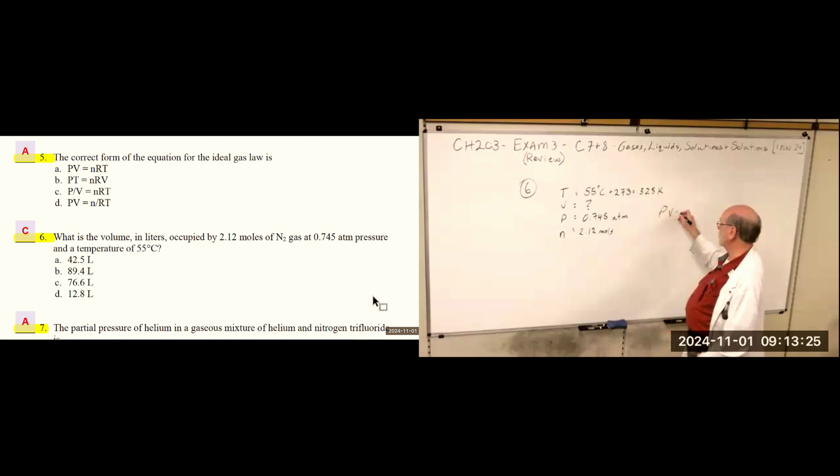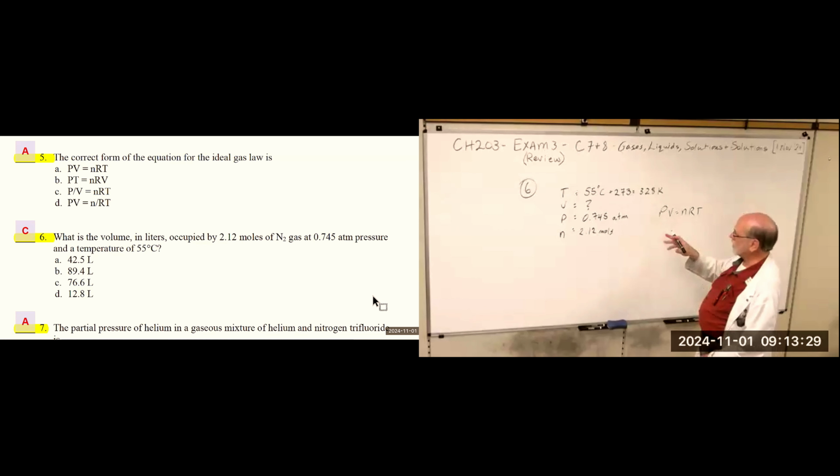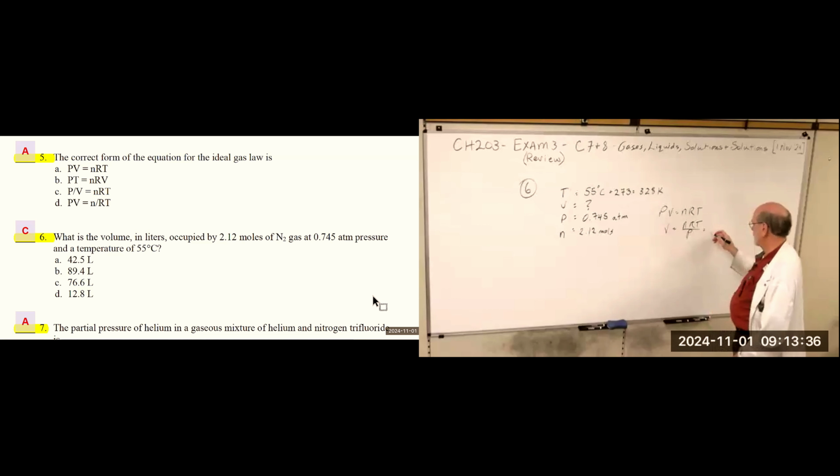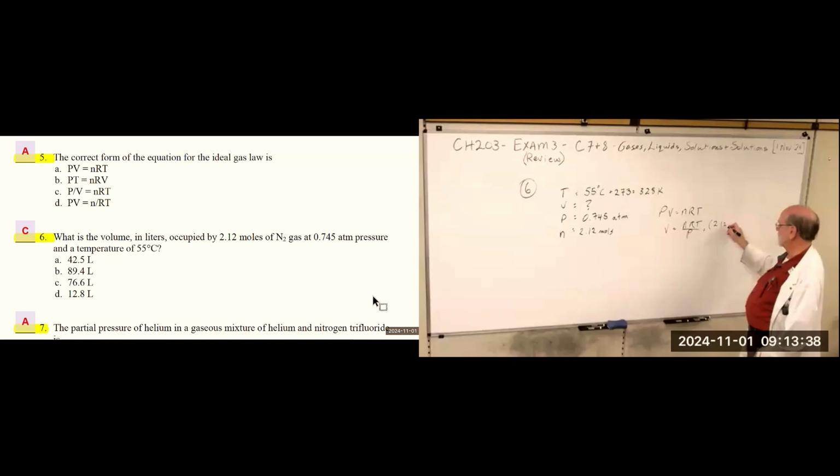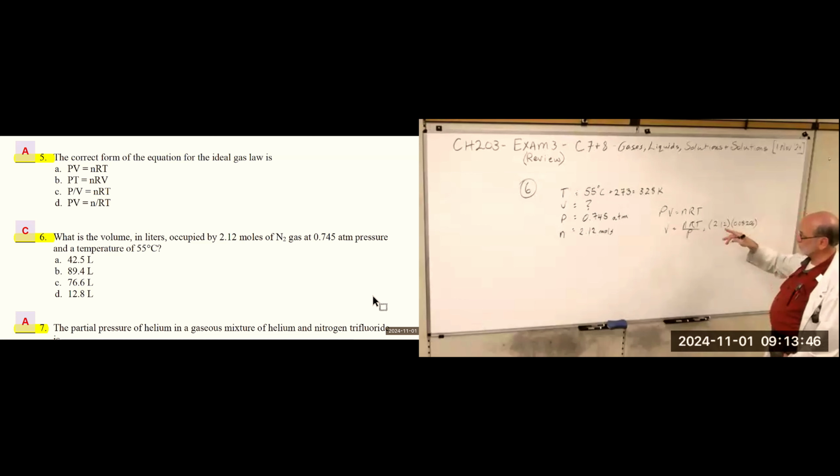So when we use this equation, R, let's solve for volume first. Volume equals nRT over P. Moles, I'm going to leave the units out so I don't have to use up all my room. That's the constant you use with those units of measure.